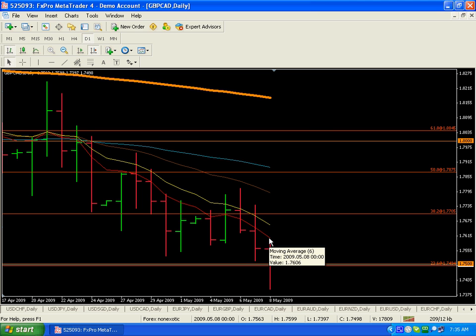If you take this bar, make sure you leave about 20 points from the top. So the top is 1.7599. The top is at the 1.76. So take it at 1.7620, and you could take it to this 38% retracement to 1.77.